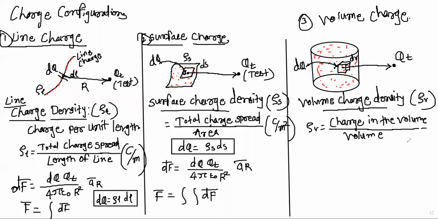So what would be the unit of this? Coulombs per cubic meter. Coulombs per meter cube. Right? And what about dq? If I consider this dq, it is equal to rho v dv.